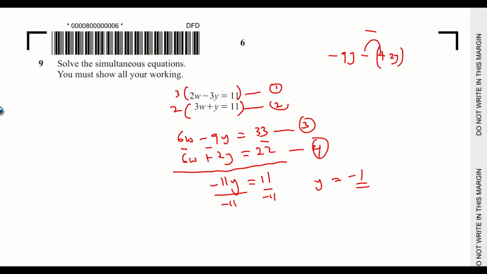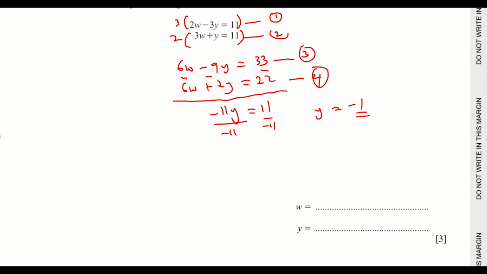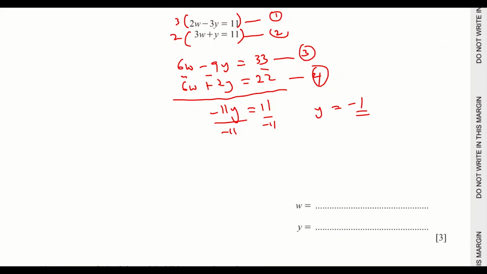Now you can substitute the value of y into any of the equations, be it 1, 2, 3, or 4. But I'll go with equation 1. Equation 1 is 2w minus 3 times y, with y equal to negative 1, equals 11. So this and this will give us positive 3.